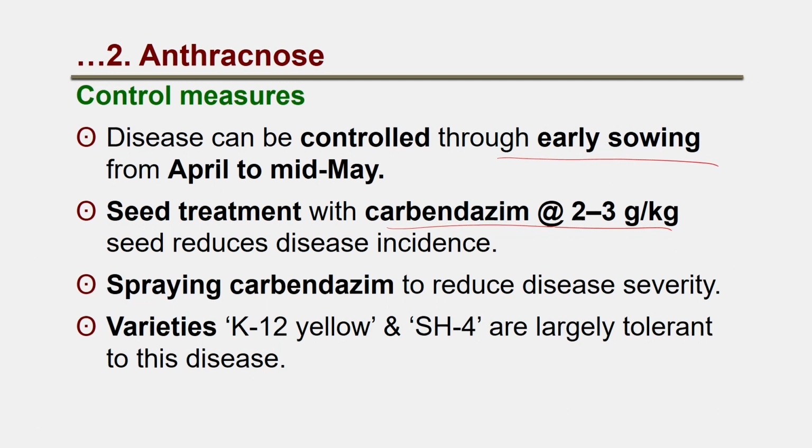And the same fungicide, carbendazim, can be used for spraying, at the rate of 1 to 2 gram per liter of water. And varieties like K12 yellow and SH4 are largely tolerant to this disease. So, wherever it is likely to get anthracnose, we should choose the varieties which are tolerant to this disease.